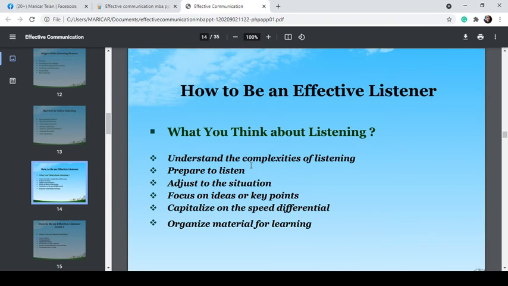That's one way for you to adjust. And then, kapag napasok mo na siya, focus on the ideas. Mag-focus ka sa kung ano yung mga ideas na pwedeng maganda na sinasabi ng communicator. And then, capitalize the speed differential. I-capitalize mo kung ano yung mga pinaka-importanteng bagay lang na pwede mong pakinggan. And then, right after, organize your thoughts.